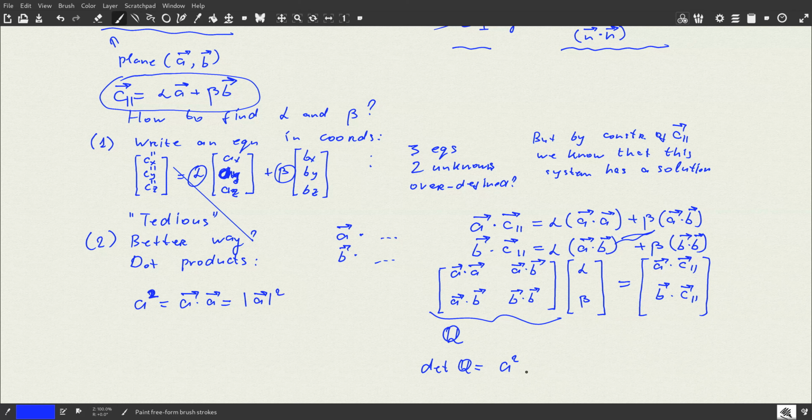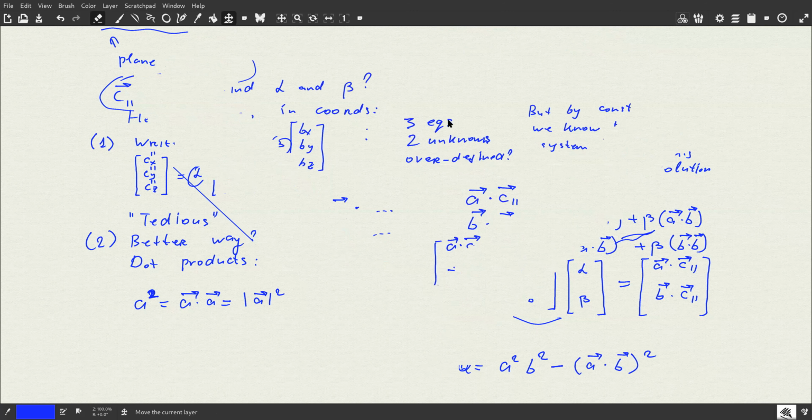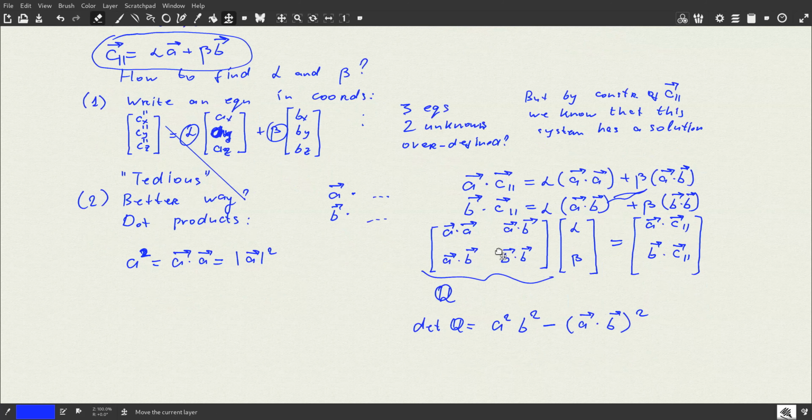A squared B squared minus AB squared. And this determinant is not just not equal to 0, but we can say that this determinant is actually strictly positive. You will see why.